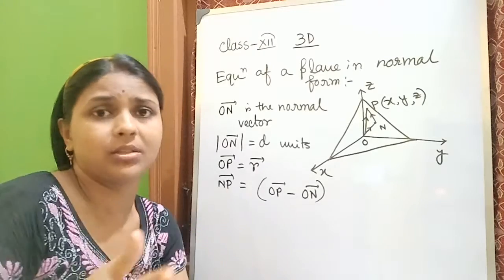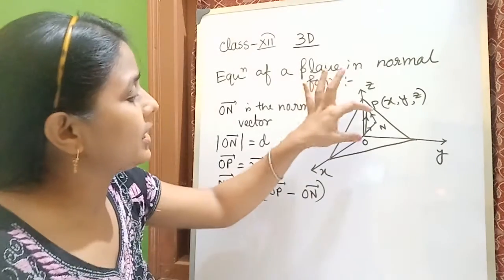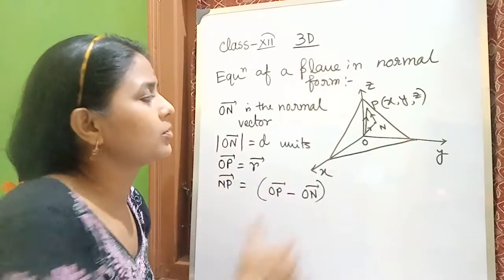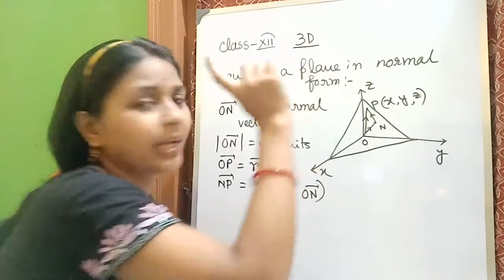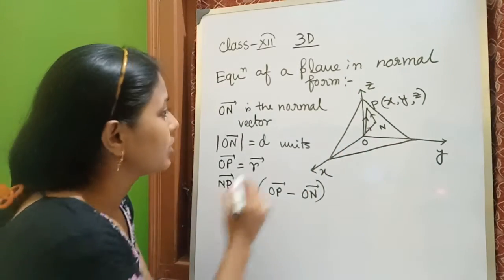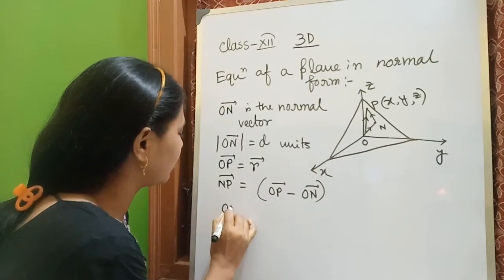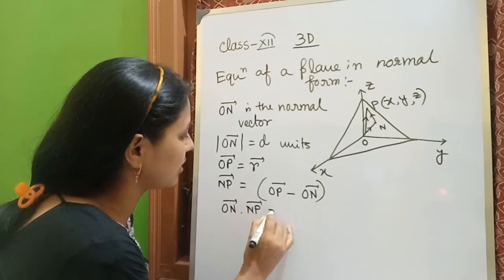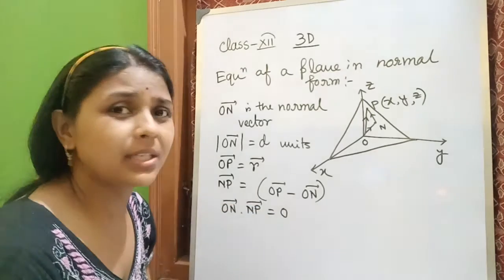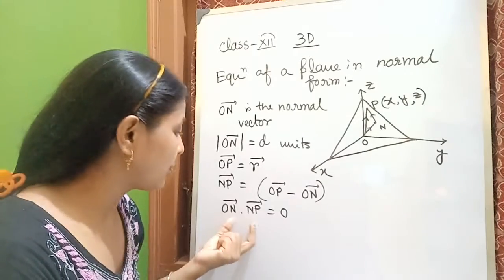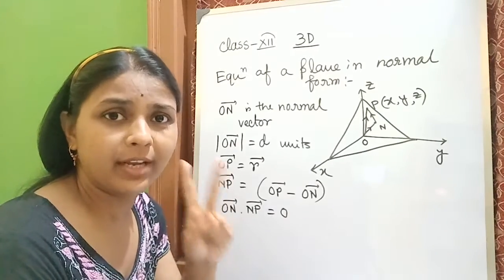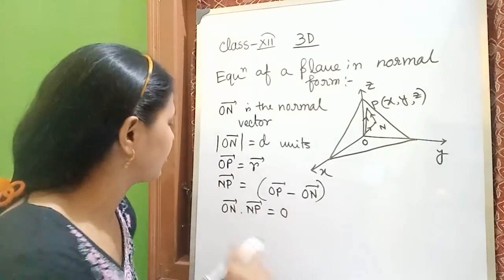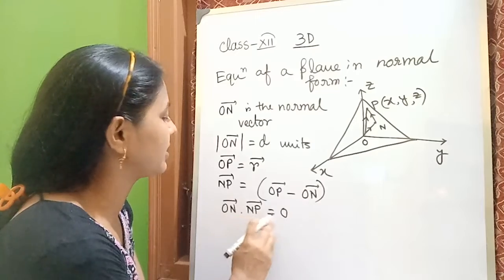So ON is perpendicular to NP also. For that we can write ON vector dot NP vector equals 0, because the dot product of two perpendicular vectors is always 0.